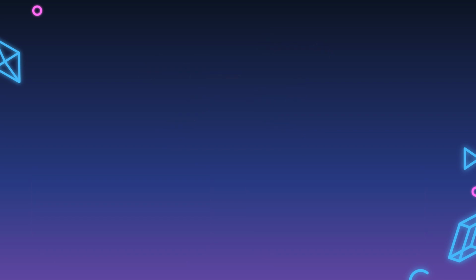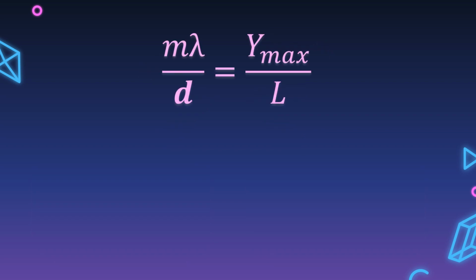Next, we have this equation: m multiplied by wavelength over d is equal to y max over L. We equate this with sine theta in the condition for constructive interference for Young's double-slit experiment.